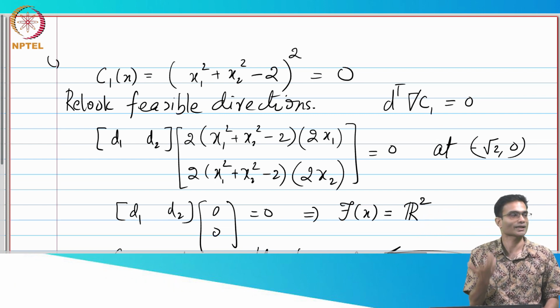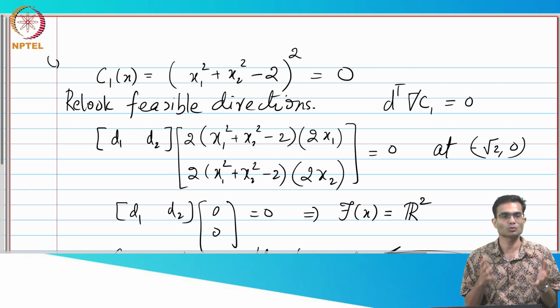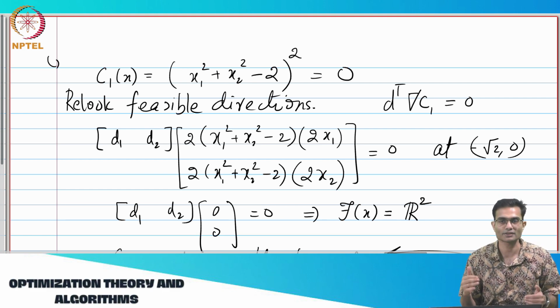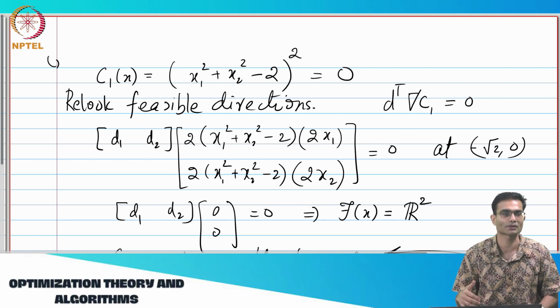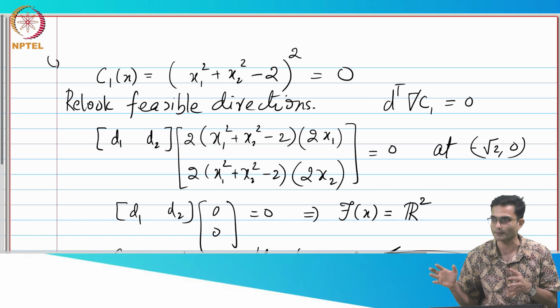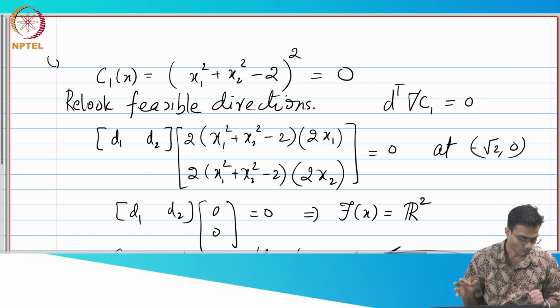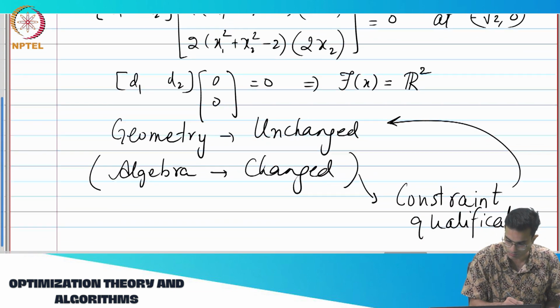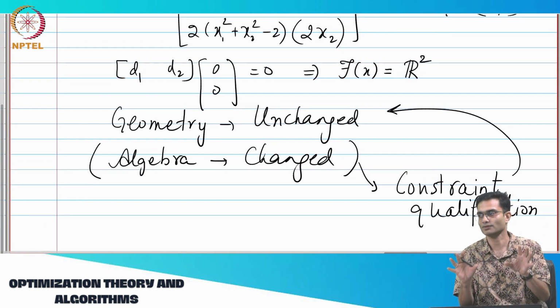So, the very natural question people asked is, can we still make our tools work while staying in first order? These constraint qualification ideas, which we will talk about in the next session, help us retain this kind of balance between algebra and geometry, right?